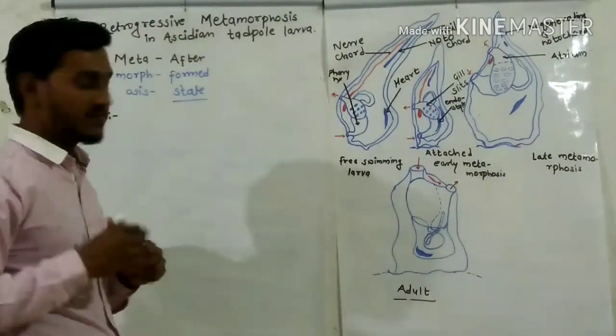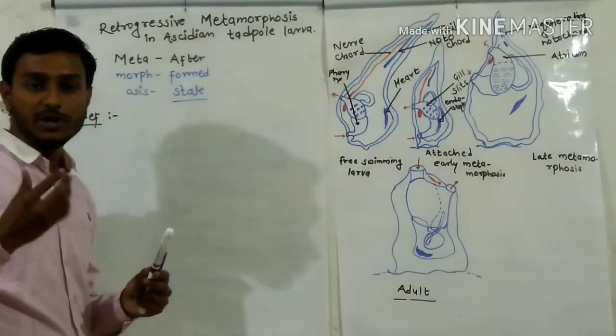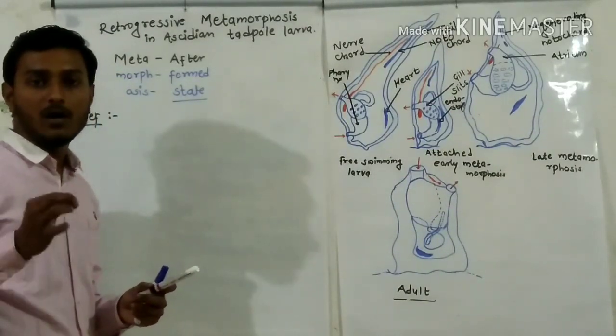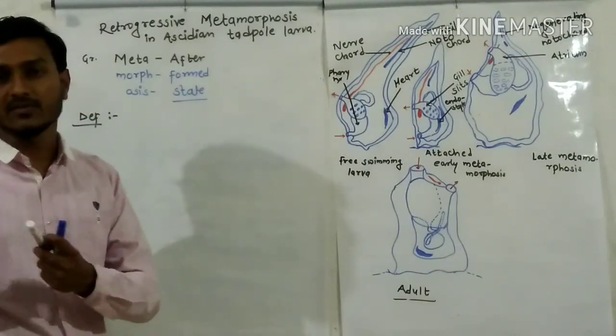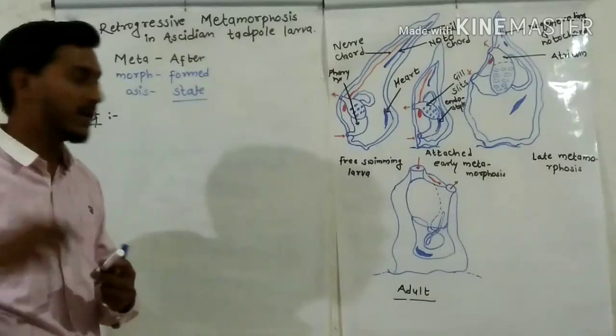The changes that lead to transformation of a well-developed, fully developed larva into a lowly or less developed adult is known as retrogressive metamorphosis.